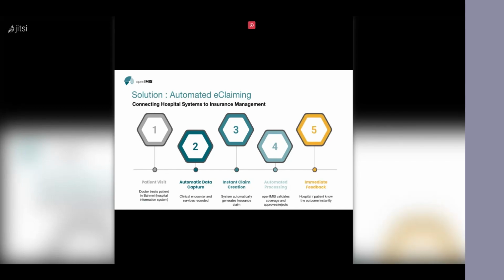And so the last step is the feedback, because after the claim processing on the openIMIS side, it's possible to send the feedback directly to the hospital information system to explain if the claim is rejected or approved, and so give real-time feedback directly in the system that the health worker already knows. So that's the process, and that's the workflow we will try to demonstrate to you today.